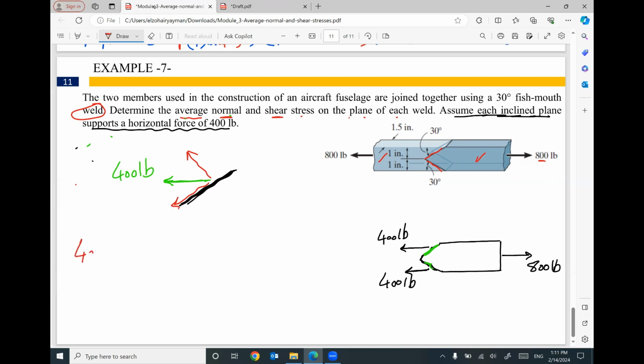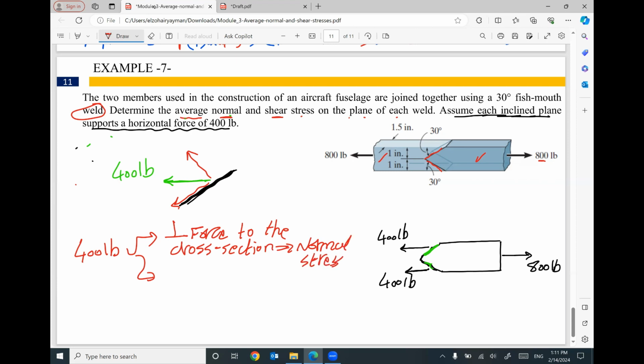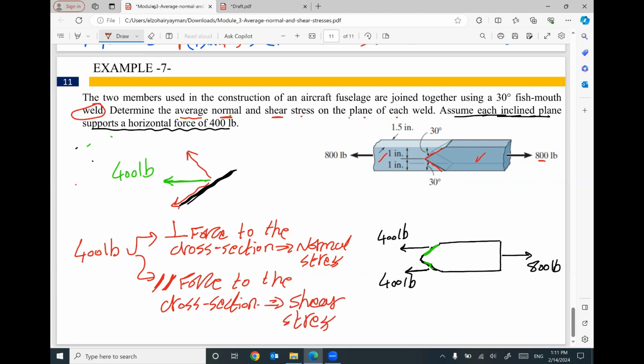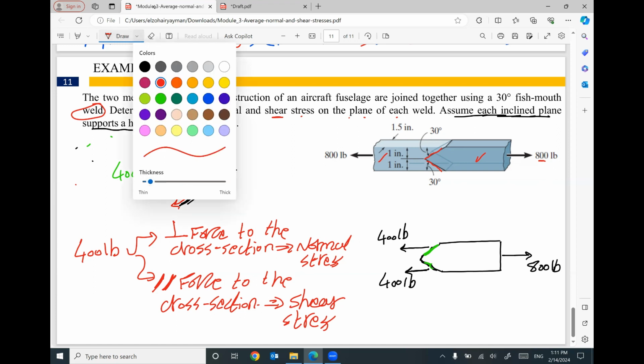So 400 pound must be broken into a force perpendicular to the cross section, because this force, which is perpendicular, will cause normal stress. And I have to break 400 pound into a force parallel to the cross section, because this force, which is parallel to the cross section, will cause shear stress. That makes sense? This point is very important.